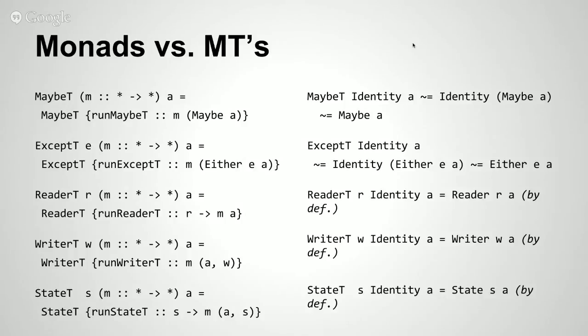So if you want a reader capability and a writer capability and a state capability all in one, you can stack monad transformers. You can say, I want a ReaderT of some R around a WriterT of some W around a StateT of some S around Identity. That probably sounds confusing, and it kind of is, but what were you gonna ask?